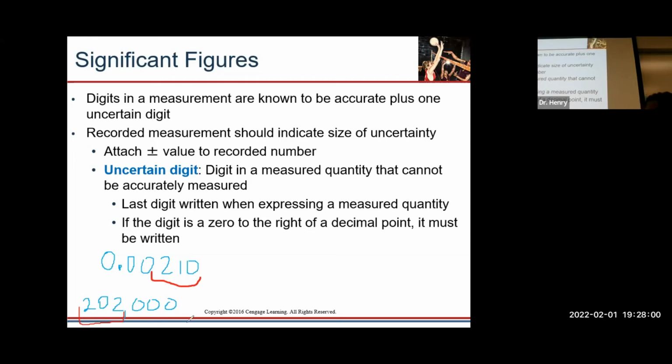So if I had 202, comma 0, 0, 0, and I took the time to put that decimal there, right? Then all of those zeros are going to count because that decimal is there. By me putting that extra effort in putting that decimal, I'm letting you know I'm sure about this number, right? I'm not questioning. Okay, does that make sense?